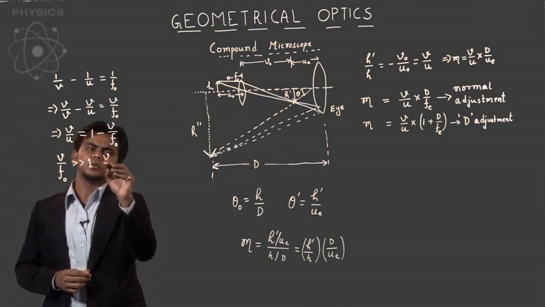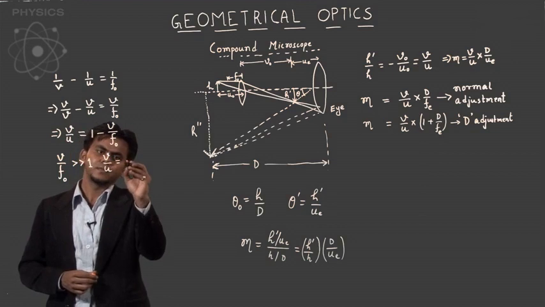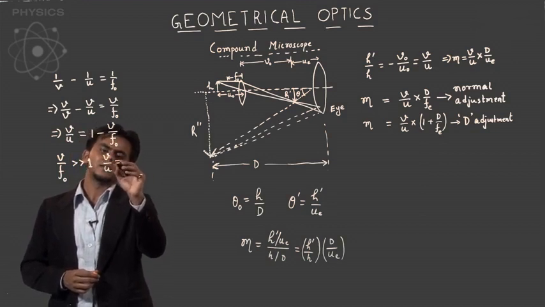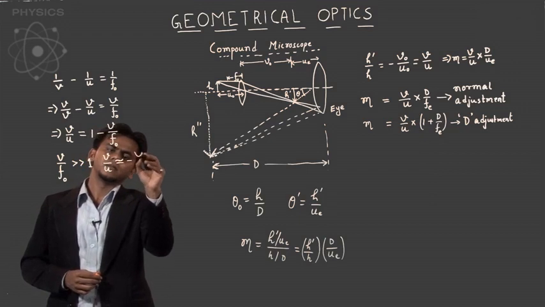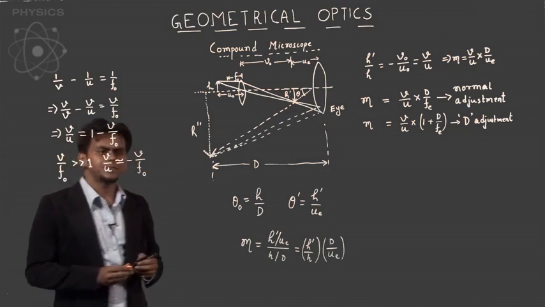So your V by U term technically comes out to be, or rather can be approximated as, minus V by F naught.